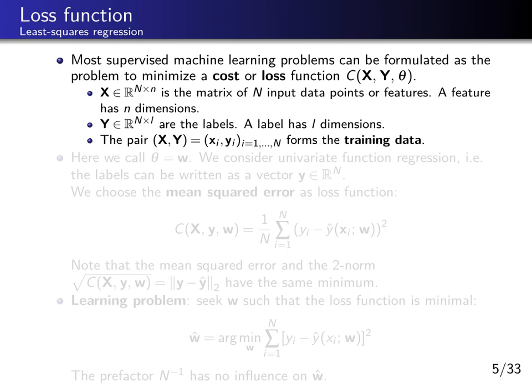So now we have defined what is the quantity that we want to minimize in order to train the parameters. So we have defined the loss function. Let us generalize this a bit. Most supervised learning machine learning algorithms can be formulated as the problem to minimize such a cost or a loss function. In general, we will call this function C, depending on the inputs x, the labels y.